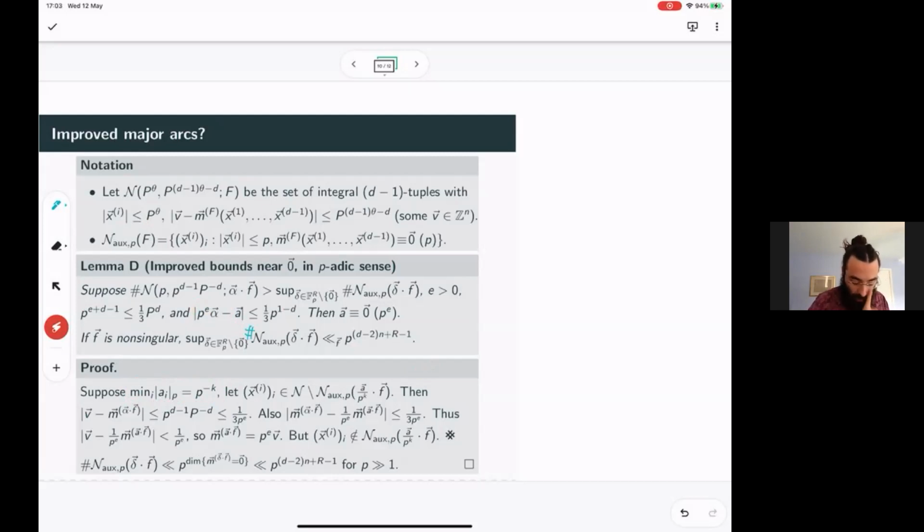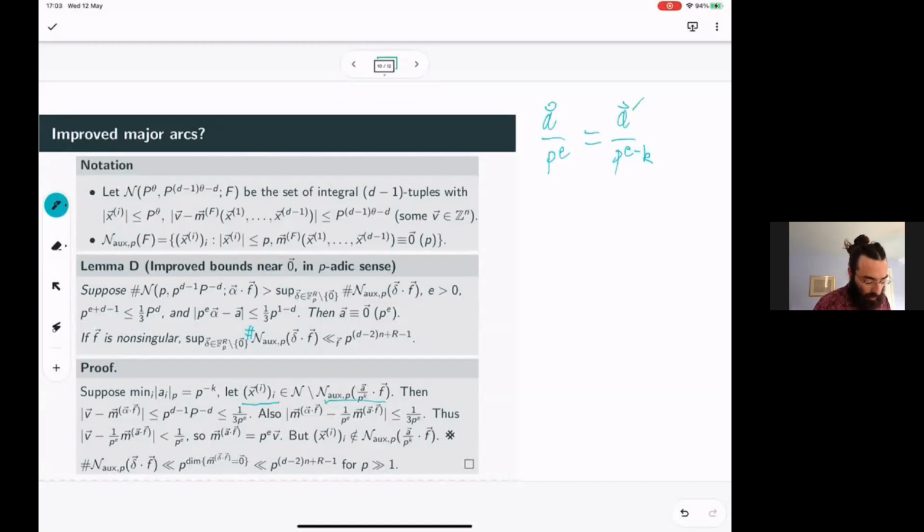Let's say that the denominator in lowest terms is p to the e minus k. And let's then choose a solution to our Diophantine inequalities which is not bad.